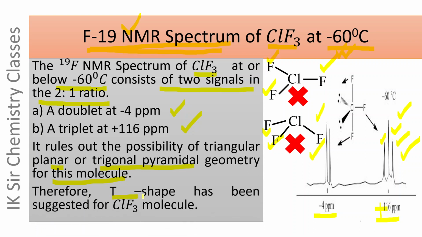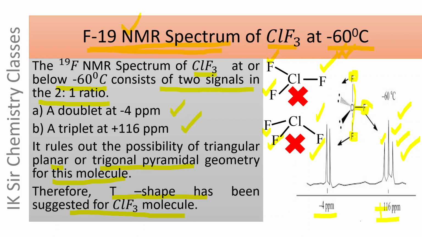T shape has been suggested for the ClF3 molecule. The ClF3 molecule has T shape. This is the T-like shape. In this geometry, two axial fluorine atoms are present in one chemical environment, while the equatorial fluorine atom is present in another chemical environment.